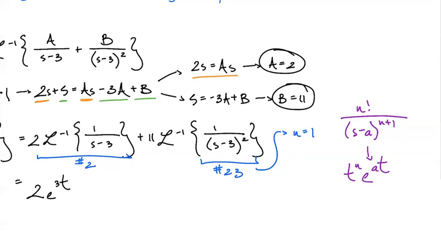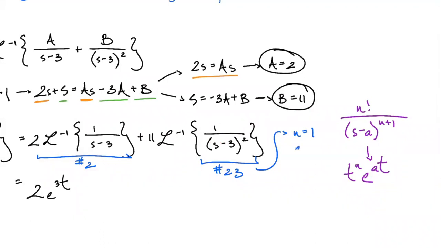So we want to make sure that we have the right n so that when we look down here, we'll plug in the correct number, right? And that also means we have a little bit less work to do, because if n is 1, 1 factorial is 1. So I don't have to worry about changing that numerator to match my equation, right? It's already matched. So I know my n is 1.